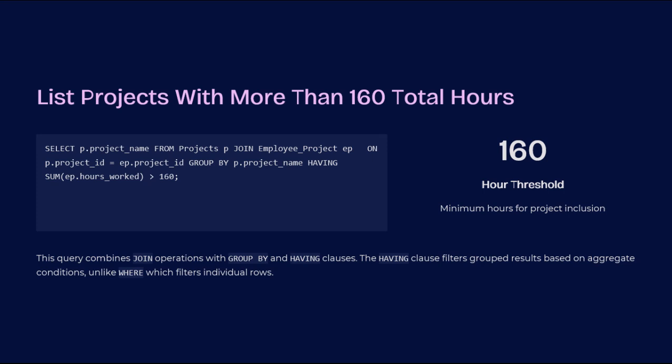This query combines join operations with group by and having clauses. The having clause filters grouped results based on aggregate conditions, unlike where, which filters individual rows.